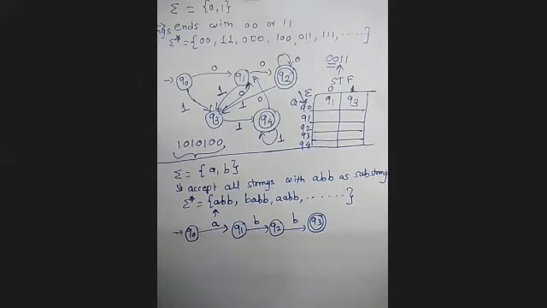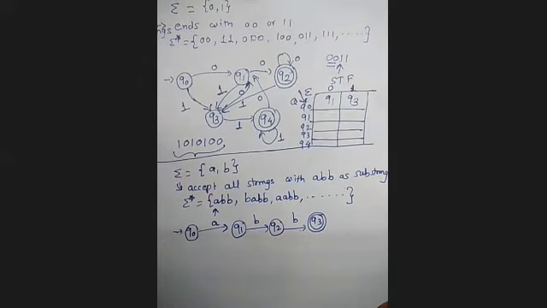Now we'll go faster. For the first example, we took almost half an hour. Now from each of these states, we need to complete the transitions on A and B.